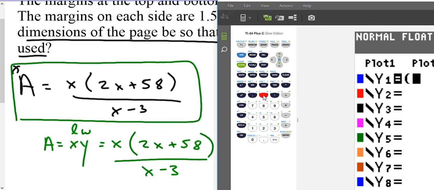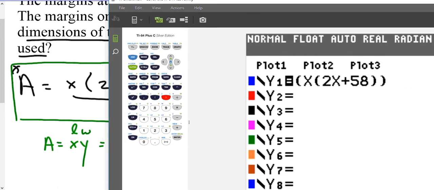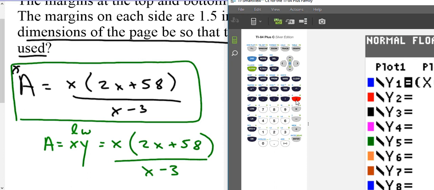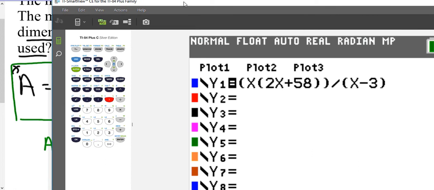We're going to punch in the quantity x times 2x plus 58, close parentheses, and then divide that by the quantity x minus 3. Make sure you use parentheses correctly, or else you're going to be dividing a bunch of things you don't want to. From here, we're going to graph this.